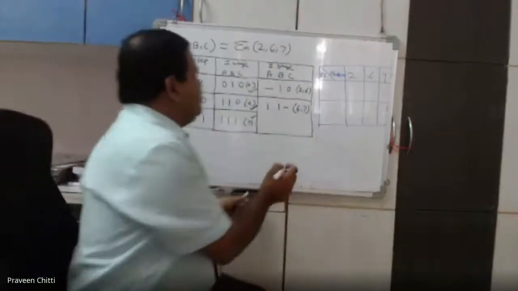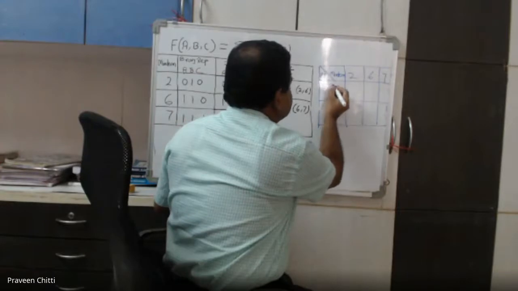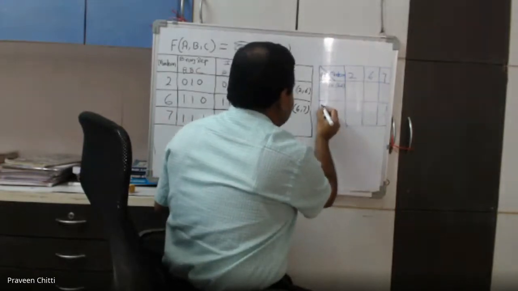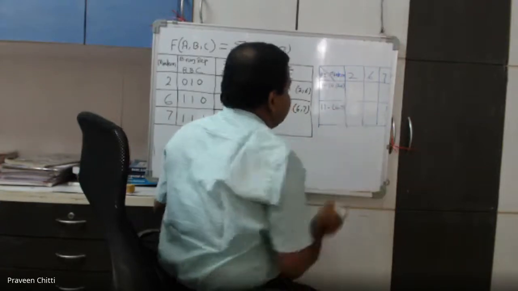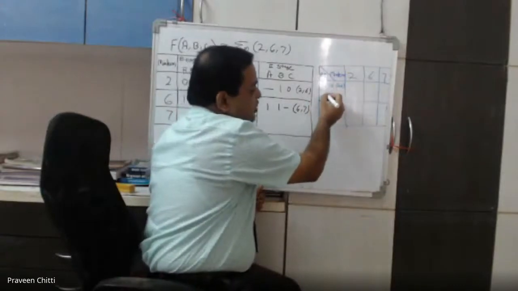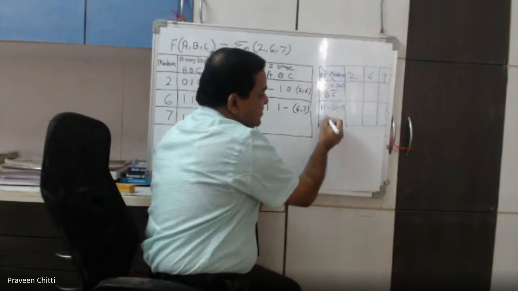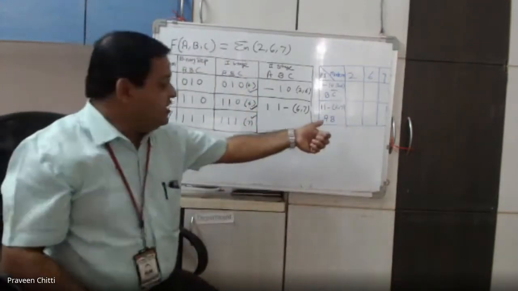Those prime implicants you have to write here. That is dash 1 0, which is 2 comma 6, and this is 1 1 dash, that is 6 comma 7. Now dash 1 0 means A is eliminated here, and you are having B, C bar. Here C is eliminated, and you are having A, B. I hope it is clear how I have written this.